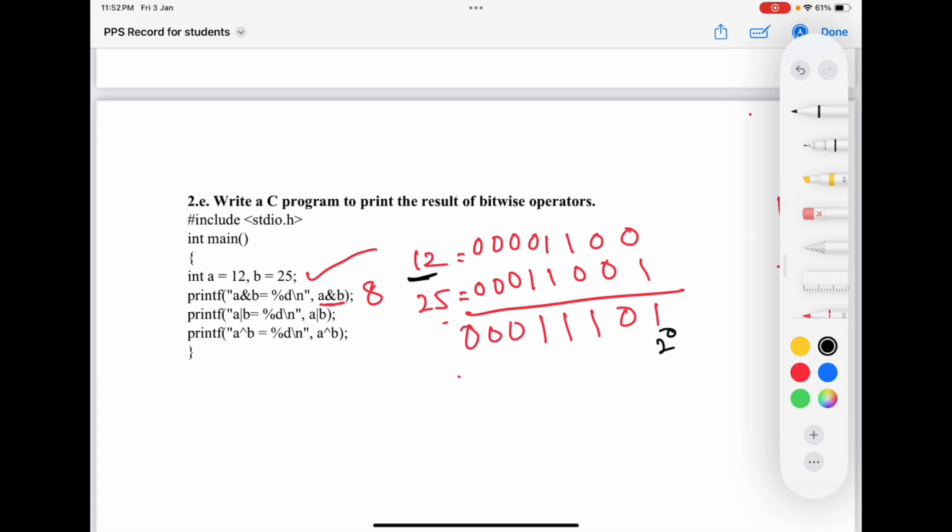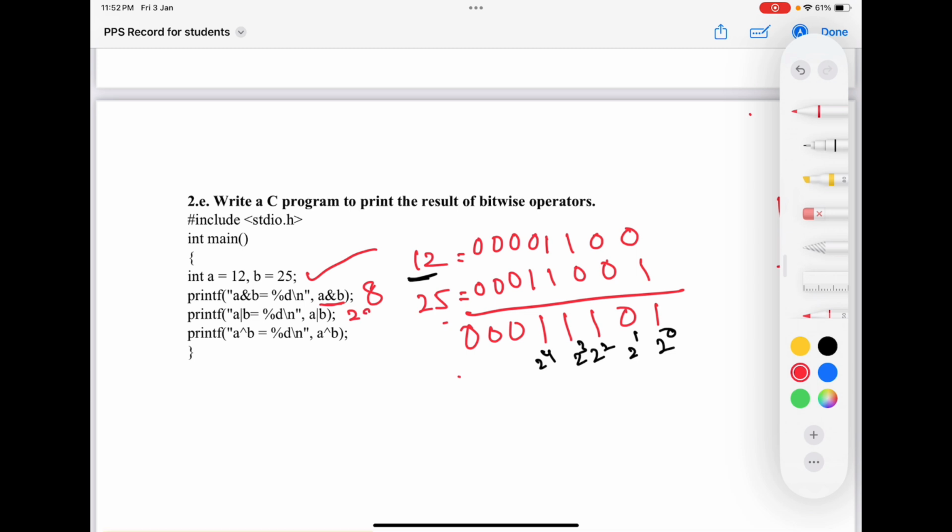Now the answer is what? 2 power 0, 2 power 1, 2 square, 2 cube, 2 power 4. Any guess? The answer is 29, correct? 16 plus 8 plus 4 plus 1. The answer is 29. So let's write it here.